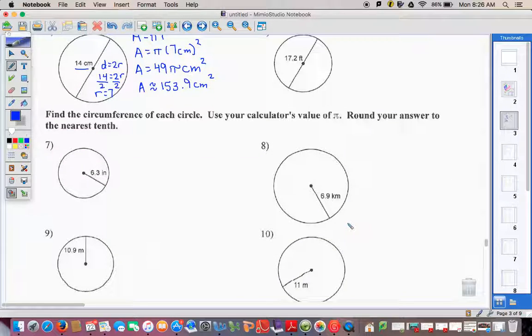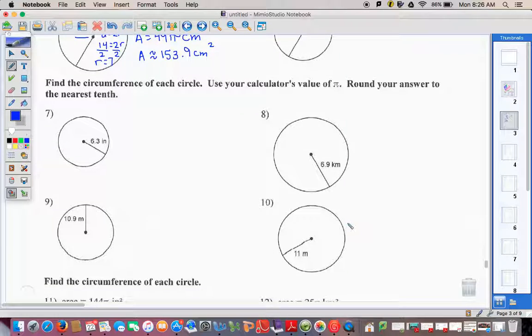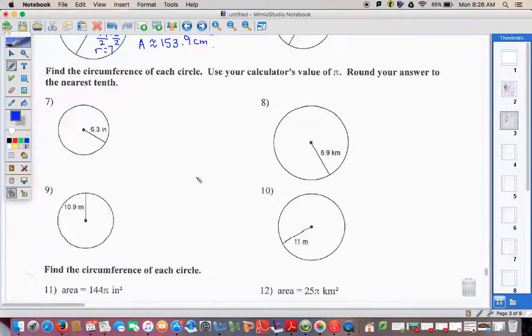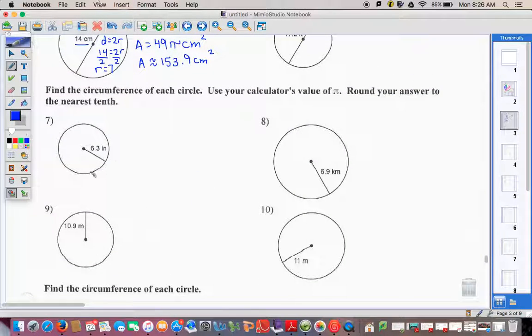This is just some extra practice. Find the circumference of each circle. And then down here a little bit more, I'll do another circumference. We've got circumference is equal to 2 times pi times the radius.